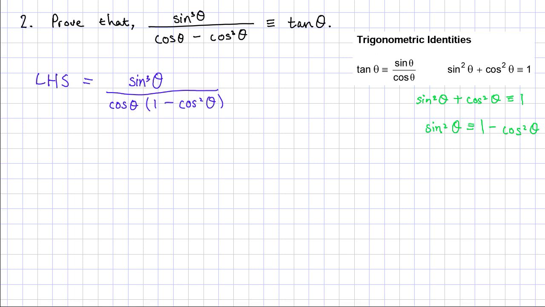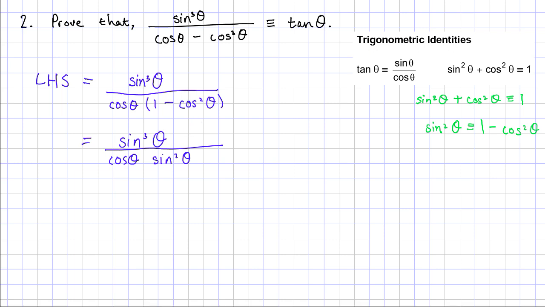So we have sine cubed theta here over cos theta, and this 1 minus cos squared theta is just sine squared theta. So I'm just going to write that, sine squared theta. Now I can see that these will simplify, and to show that, I'm just going to write this as sine theta times sine squared theta.